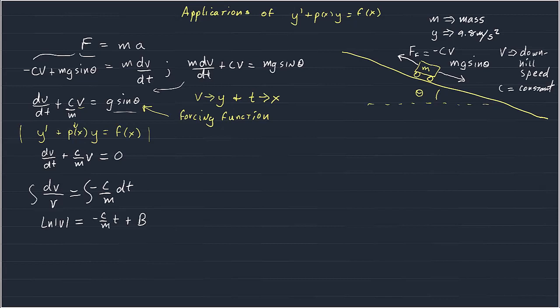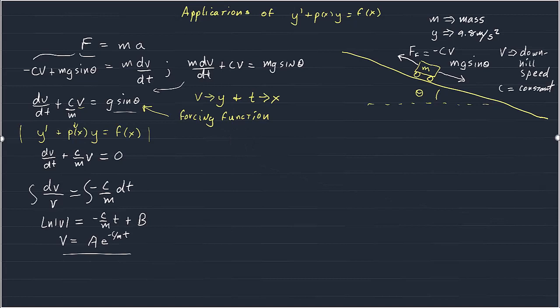And then this gives v is equal to some constant, we'll call that a, times e to the minus c over m t. And so this is the first part of our solution. The form of our homogeneous solution will be an exponential decay function with time.